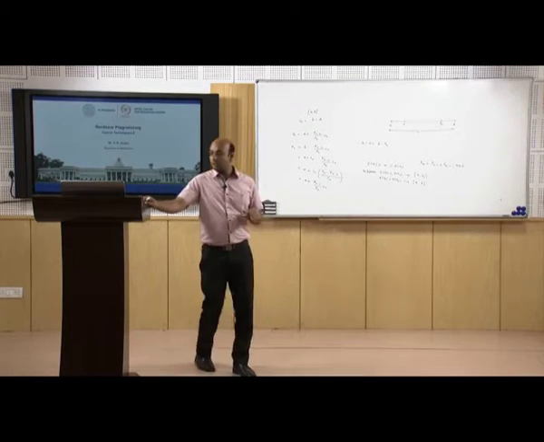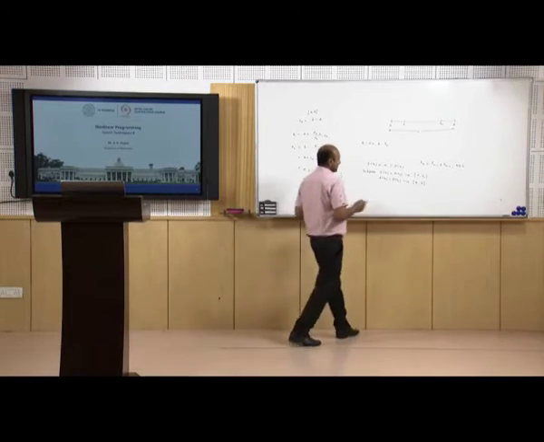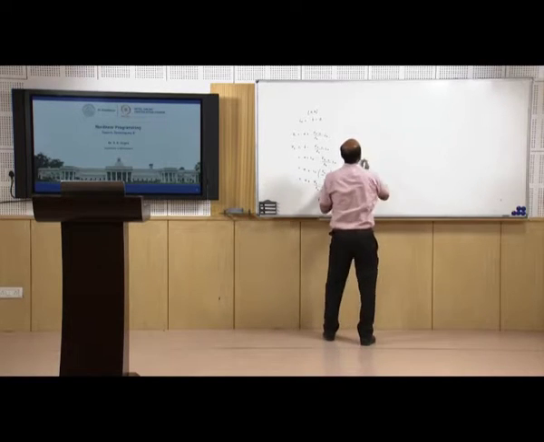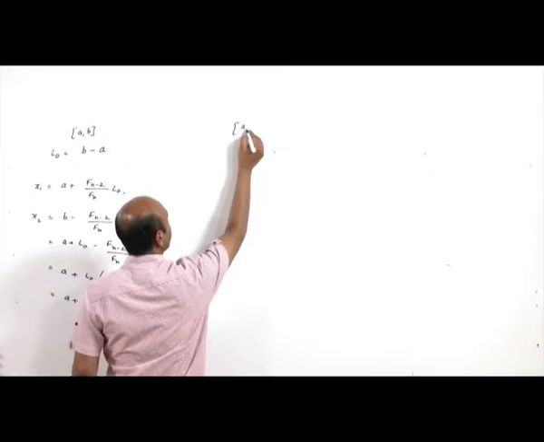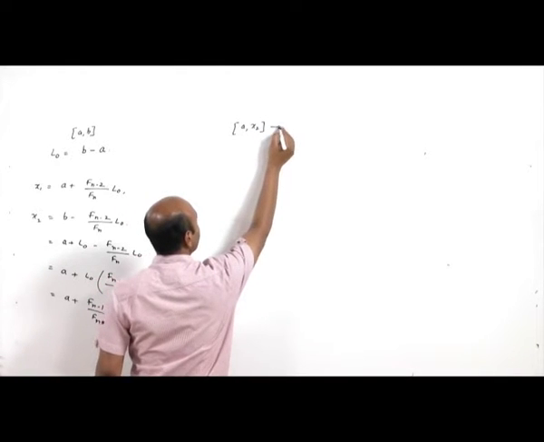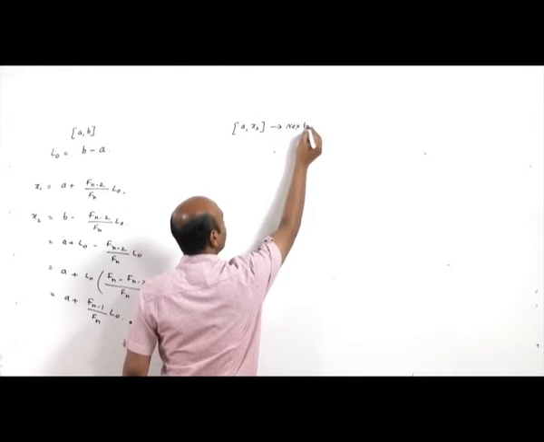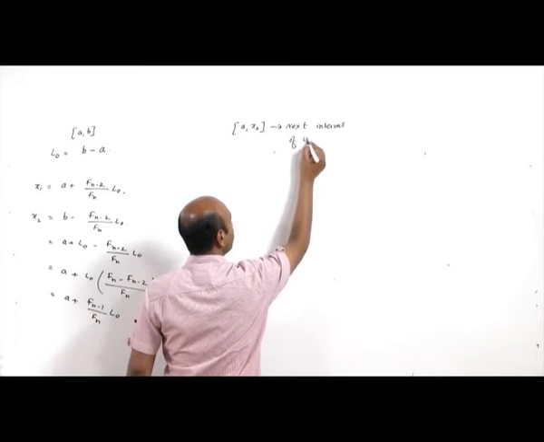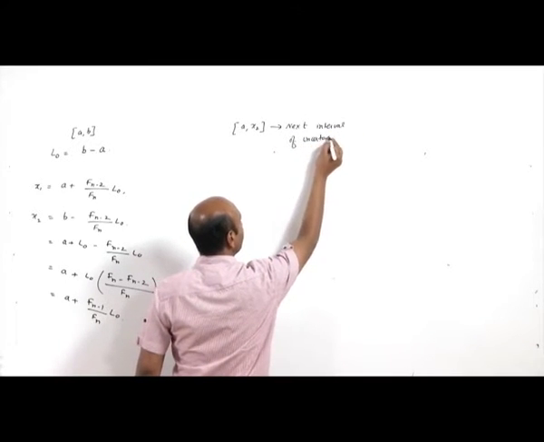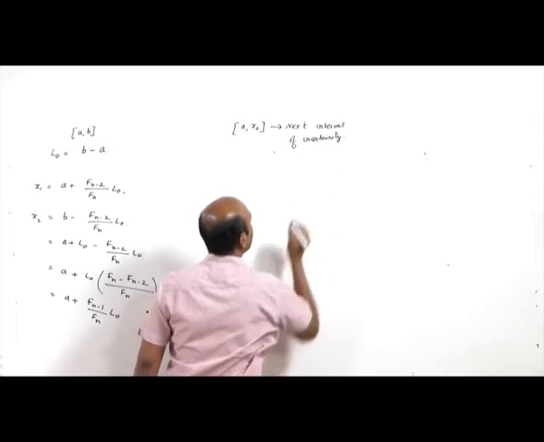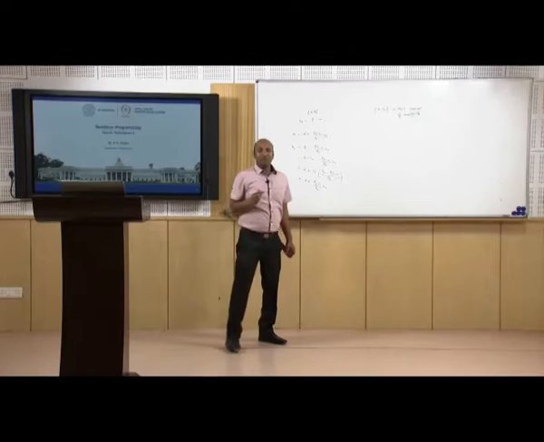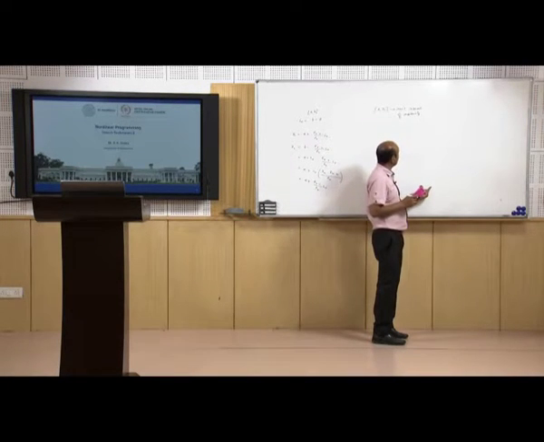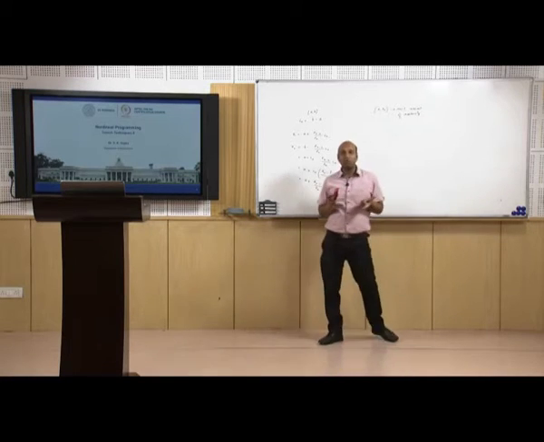Okay. Now, let us suppose the next interval of uncertainty is A comma x2. If it is the closed interval x1 to b, then the same process will be followed.